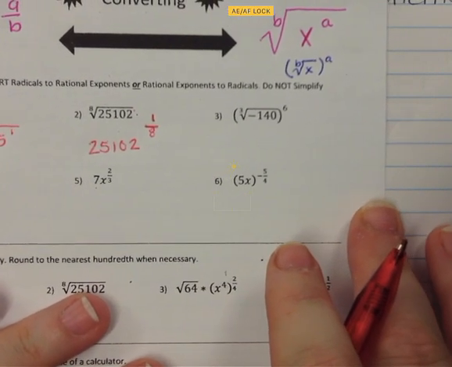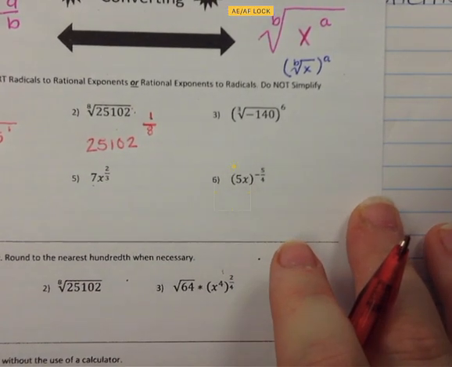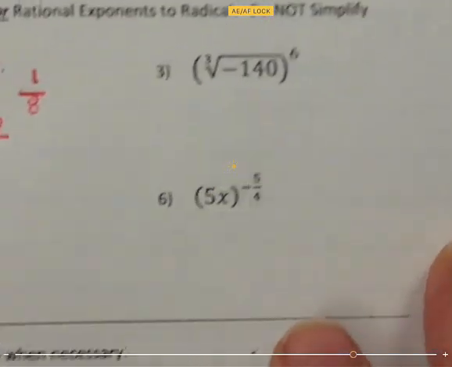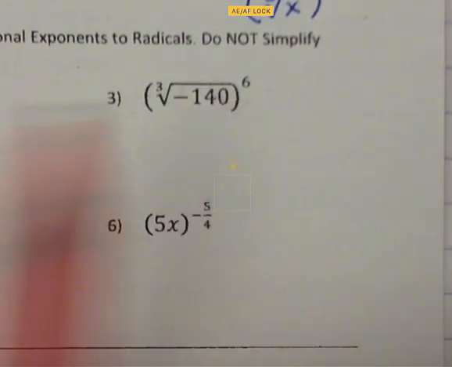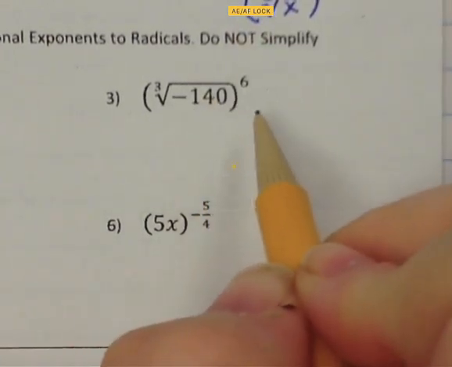On example 3, this one is where we have the parentheses, the cube root of negative 140, all that raised to the 6th power. So when we do this, there's two ways you can write it.